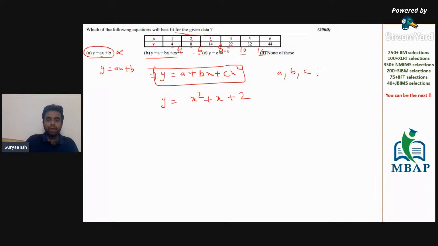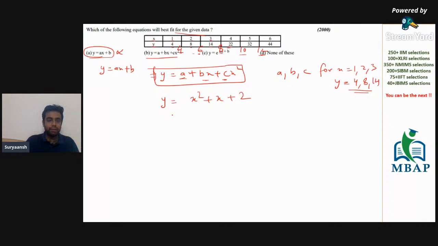For x equal to 1, 2, 3, y equal to 4, 8, 14. Just substitute these values and solve. You would get 3 equations and 3 variables. You will get that a, b, and c come out to be 1, 1, and 2.